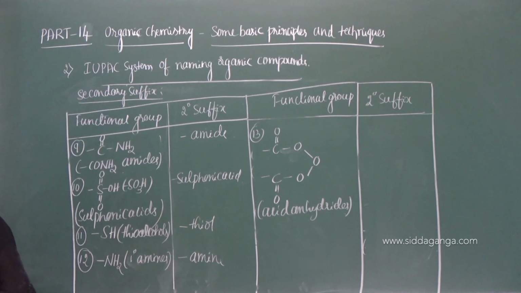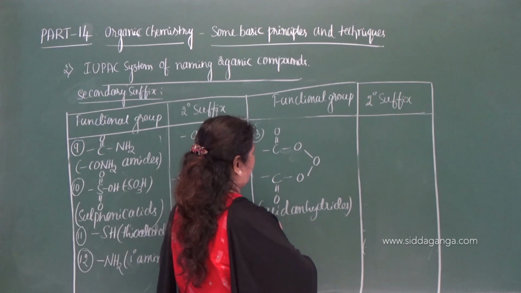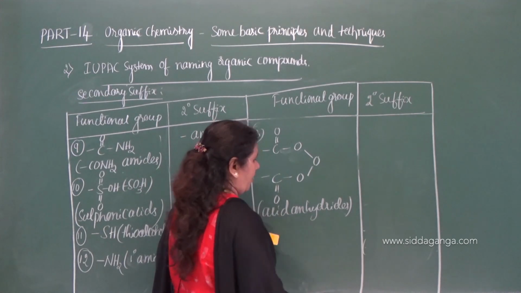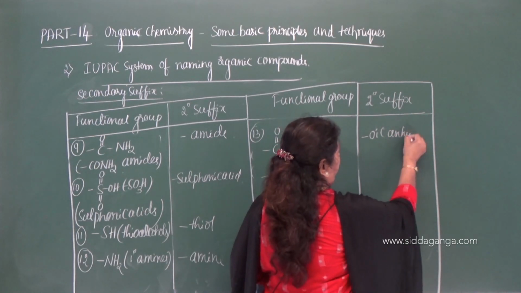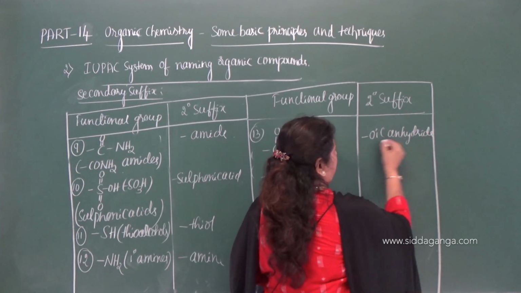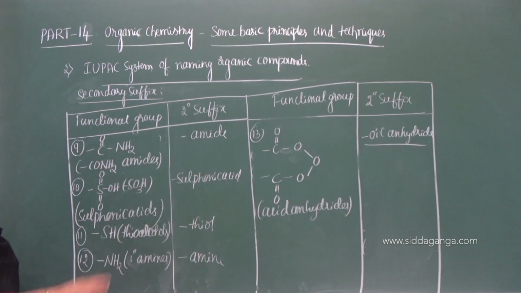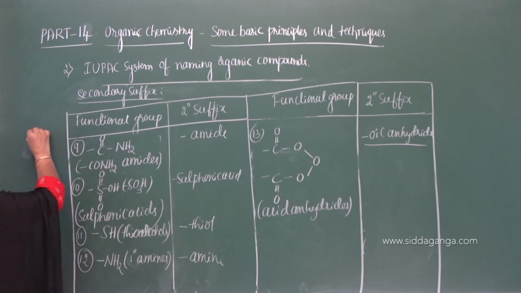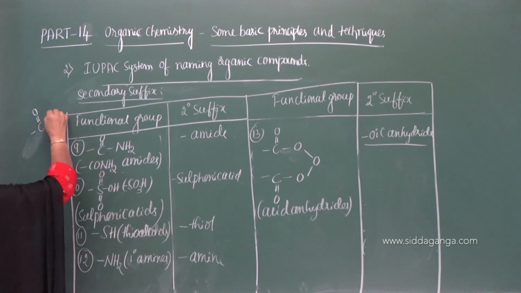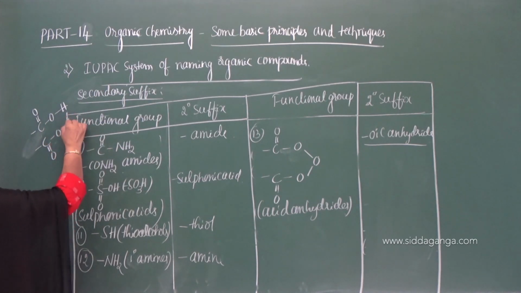So the name of the compound, here it is anhydride, then oic anhydride. So what is the secondary suffix for this? Oic anhydride. See here, COOH, that we write as C double bond OH and C double bond OH. So we have to remove one molecule of water.